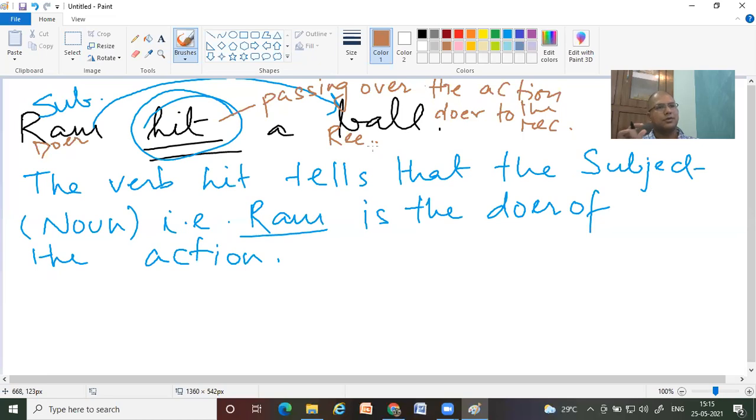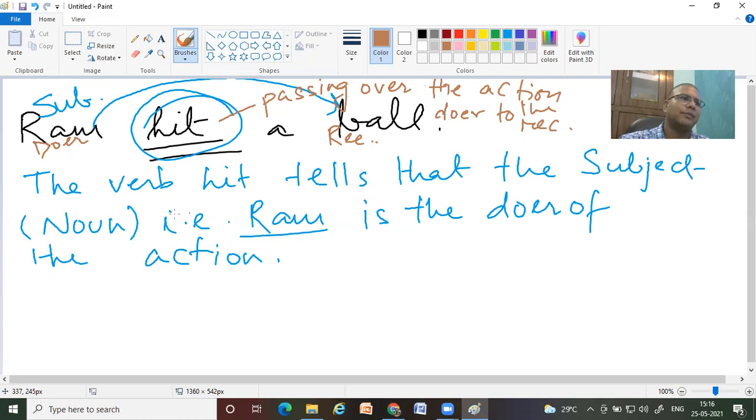So Ram is the doer of the action and the ball is the receiver of the action. And the verb hit is passing over the action from the doer Ram to the receiver ball, right?